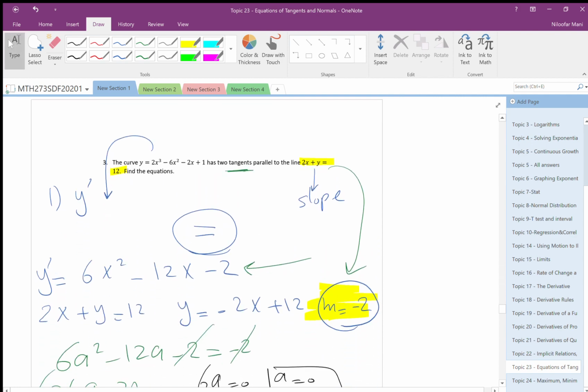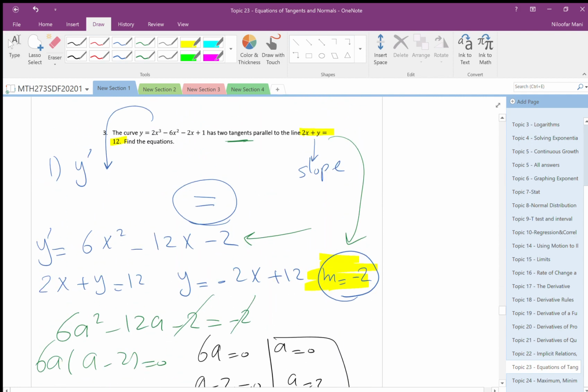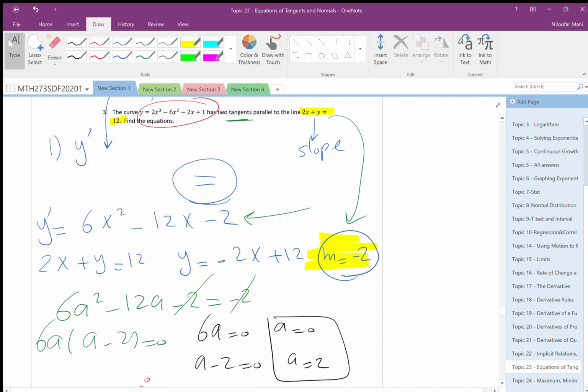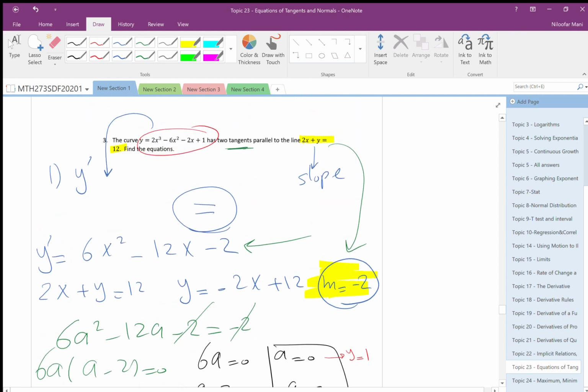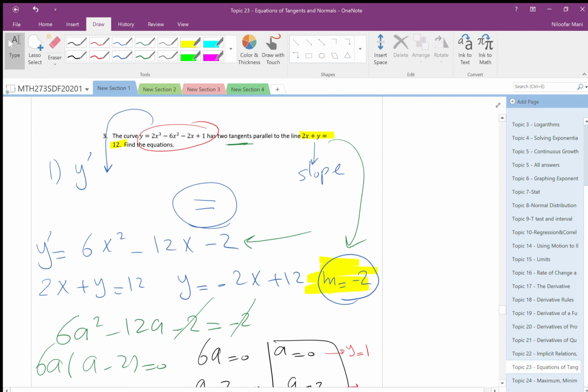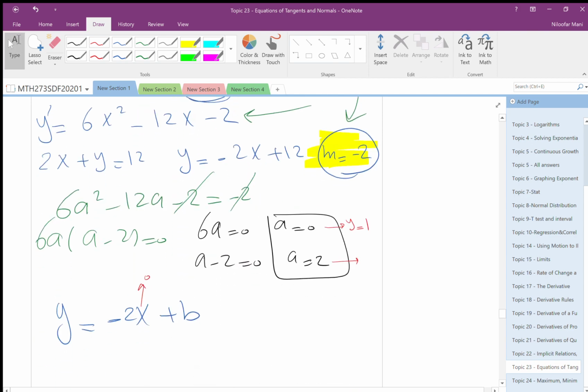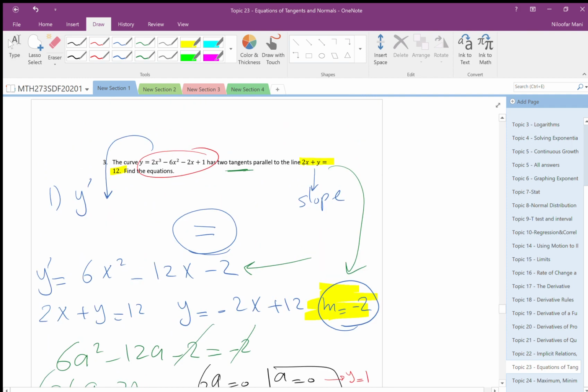When you put 0 here, y is 1, and when you put 2 there, it is 2 times 8, 16 minus 24 minus 8 plus 4, minus 4 plus 1, minus 3.